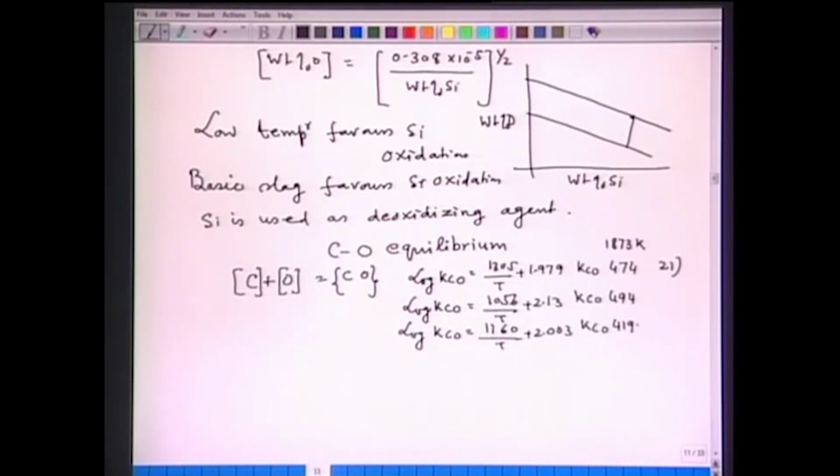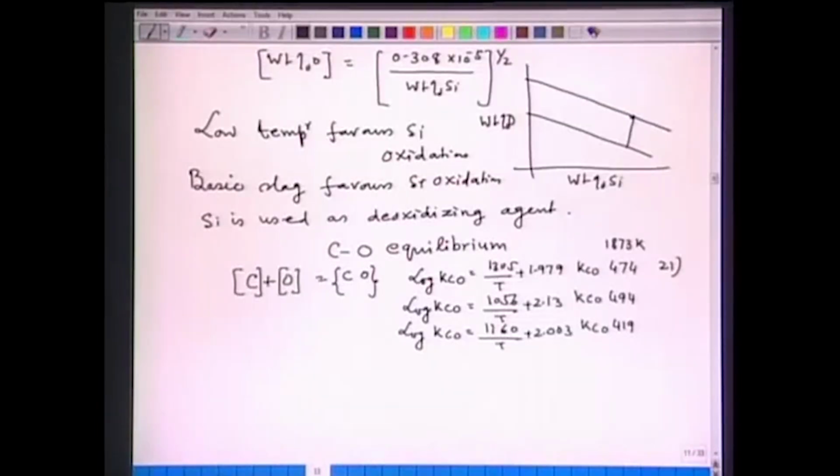Now, what I wanted to say is that depending on the source, these values of KCO may differ, and the references of all the sources I have given at the end of the lecture under the term references for further reading.